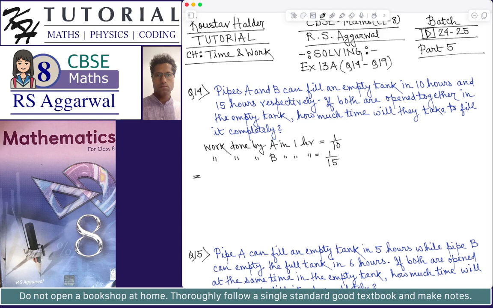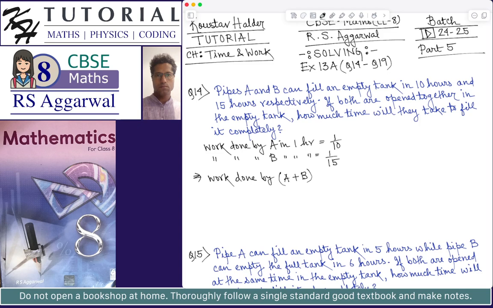Okay. So what is the work done by both A and B? Work done when A and B are working together, or when they are both open, is written as A plus B. A plus B means that both the pipes A and B are working together.